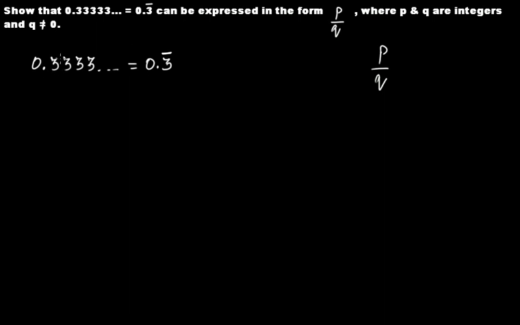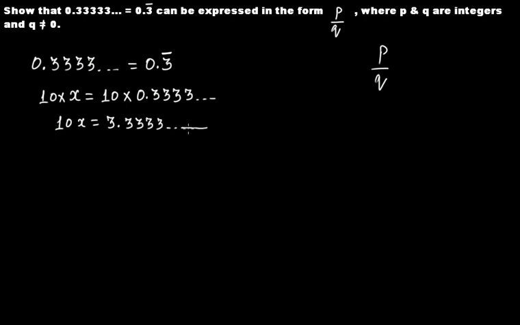Okay, let's say that this is actually x. So x is equal to 0.3333, right? So if we multiply this number by 10, 10x is equal to 3.3333 and so on, right?